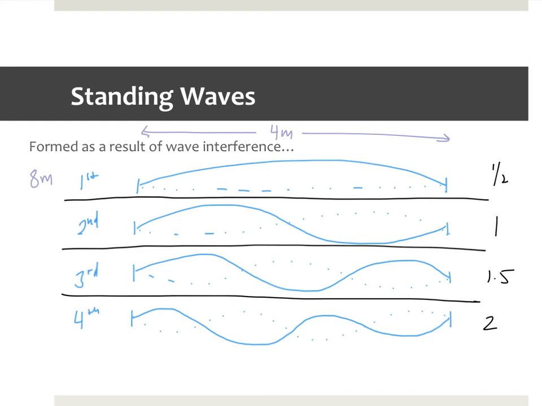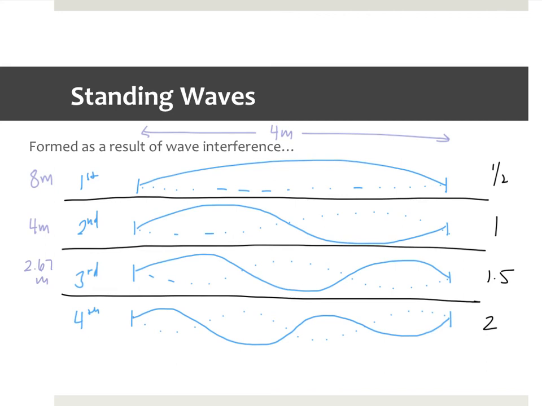Now our second harmonic here is a full wave in 4 meters. That's a wavelength. Our third one is 1.5 waves in 4 meters. That means a full wave has to stop over here, from here to here. So 4 divided by 1.5 is going to equal approximately 2.67, 2 2/3.